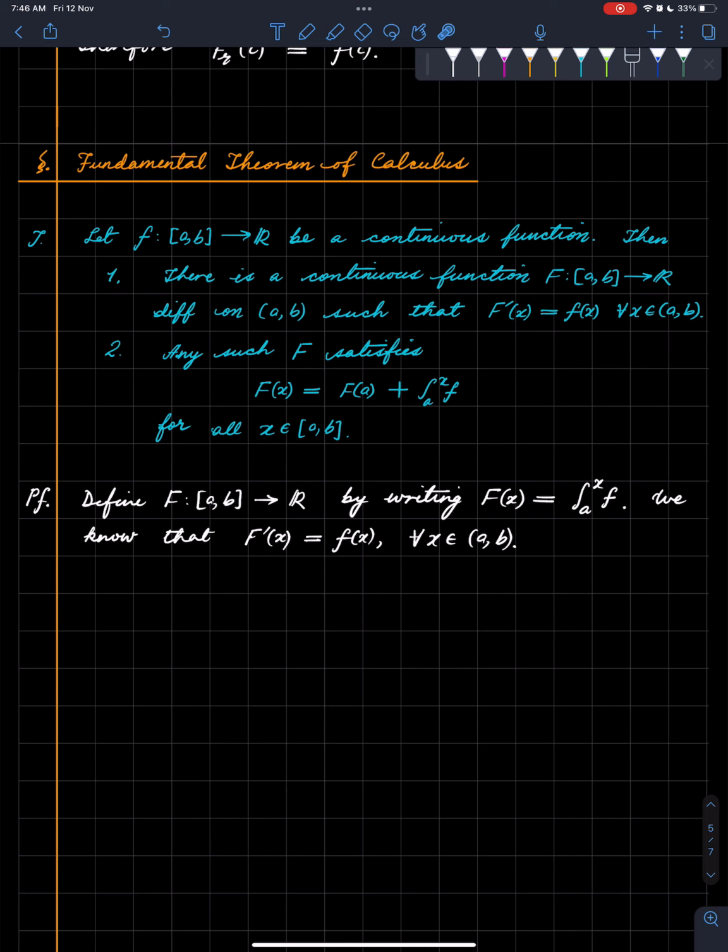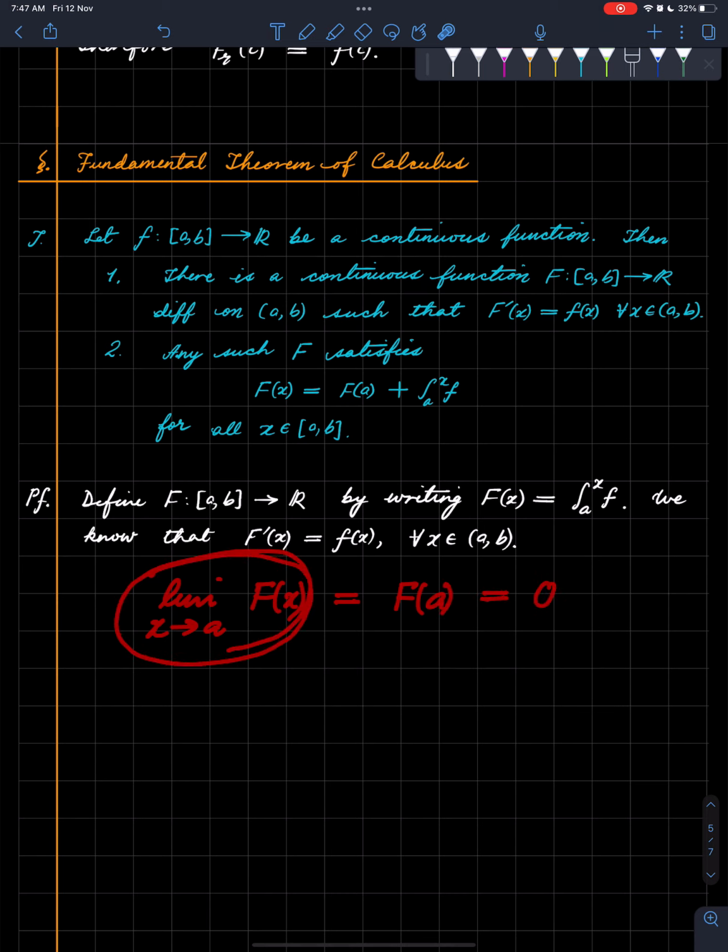I mean, you can easily show that this is a continuous function. In fact, we have already seen that it is differentiable in the interior. For continuity, you just need to make sure that the limit as x tends to a of F of x is equal to F of a. But what is F of a? F of a is 0. So you need to make sure that this is 0.